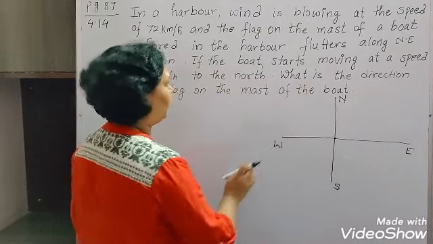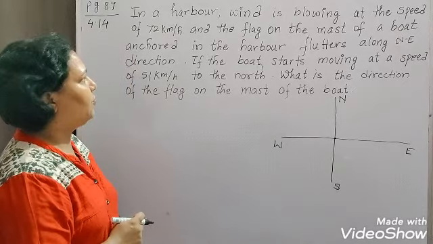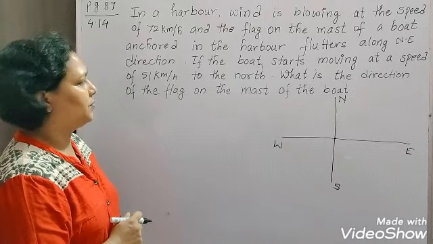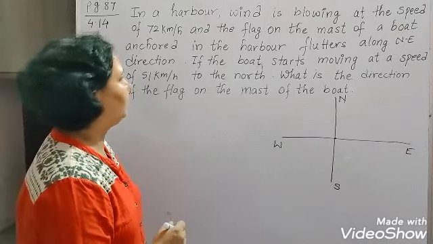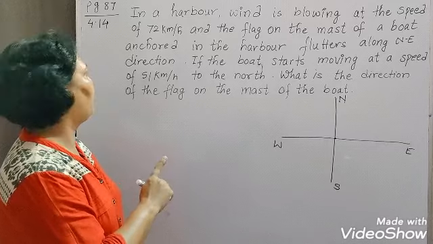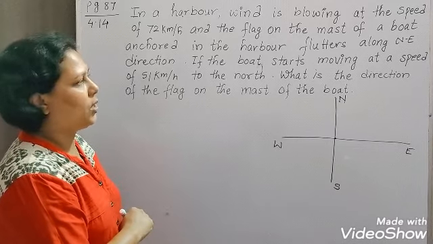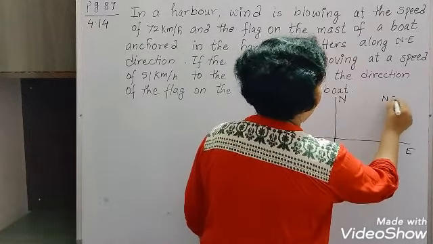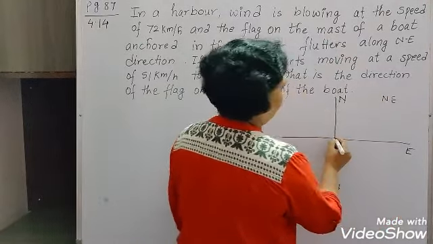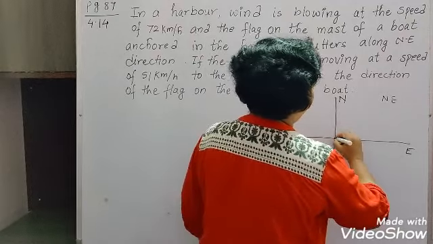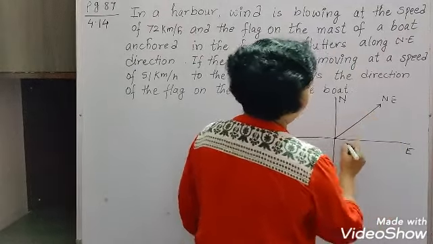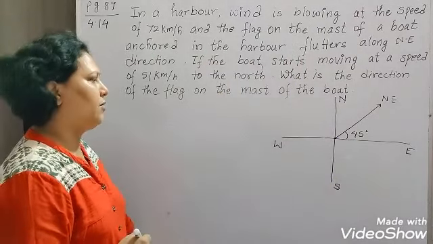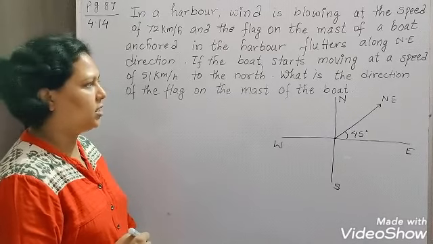Now according to the question, in a harbor wind is blowing at the speed of 72 km per hour, and the flag on the mast of a boat anchored in the harbor flutters along northeast direction. That means this is the northeast direction. So the boat is kept here and the flag is fluttered in this direction, making a 45-degree angle with the east.